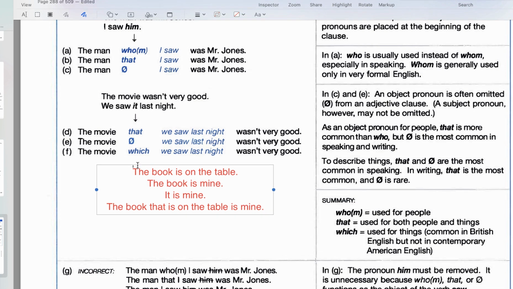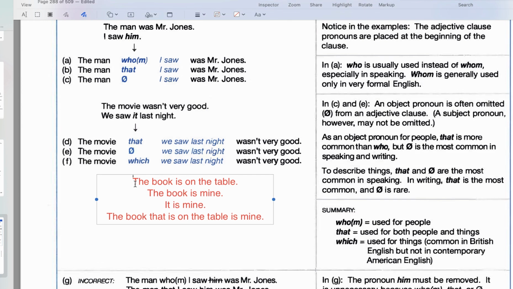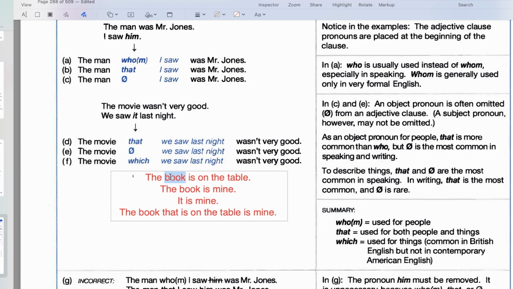So I have the book here, right here, and I have the book here. So instead of saying the book twice, I am just going to use a relative pronoun, and since it's a thing, I can't use who or whom. I can say that, okay? Or I can say which is on the table is fine as well.